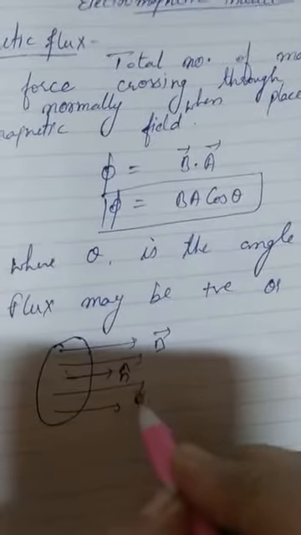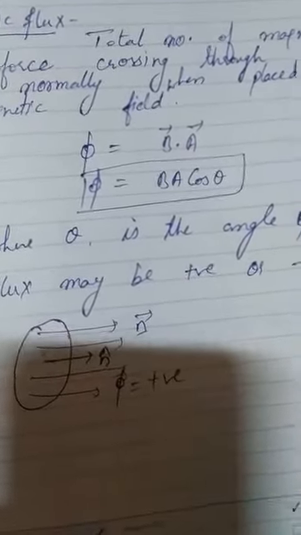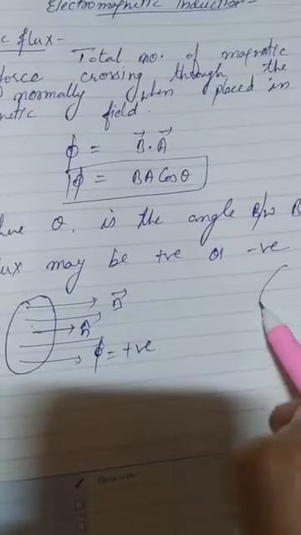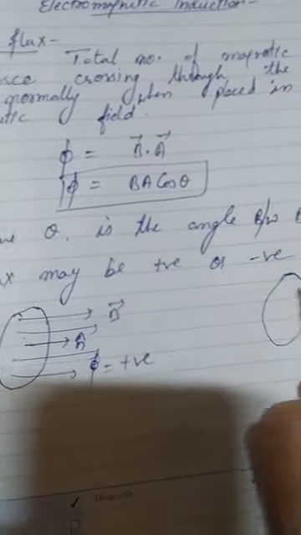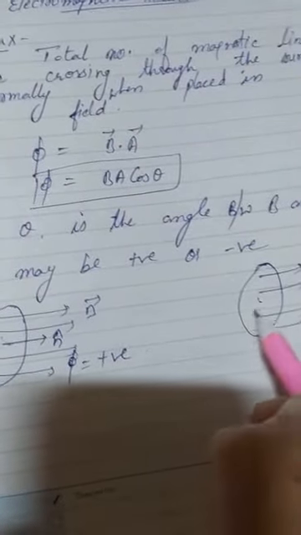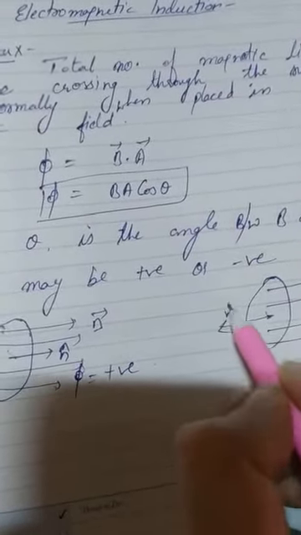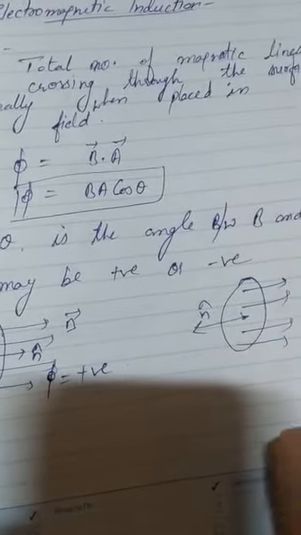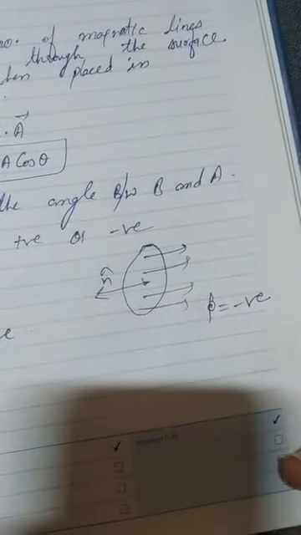Then phi will be positive. If we take another surface where B acts in this direction, and the N vector acts in the opposite direction, then phi will be negative.